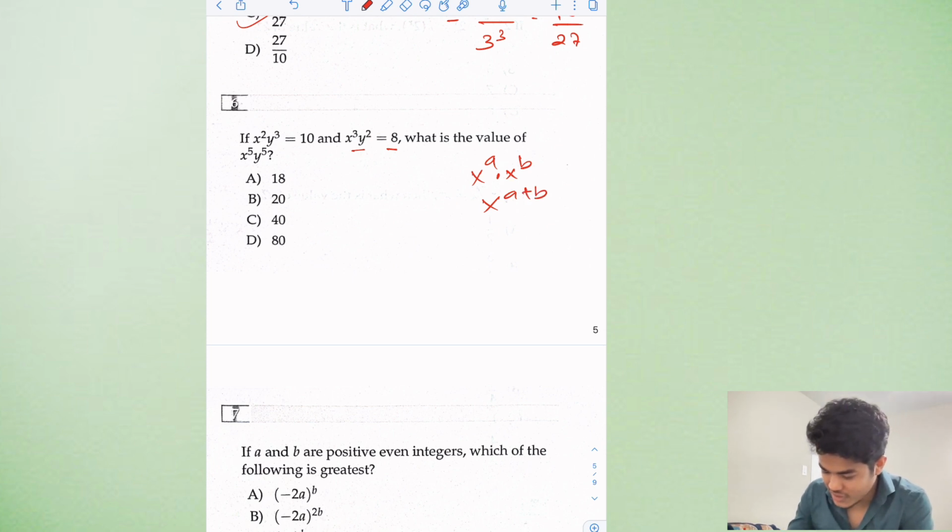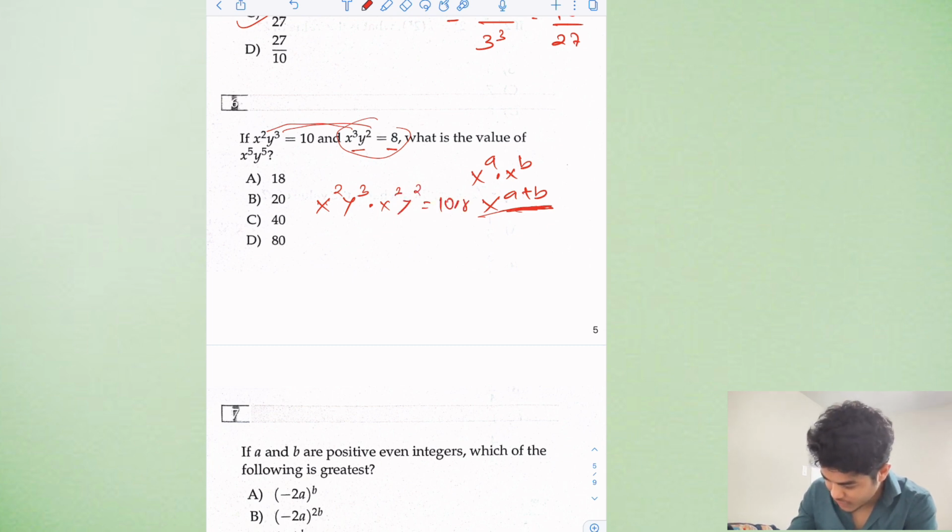As we can see here, the pattern is 3 plus 2 is 5, 3 plus 2 is 5. So we can use this concept to solve this problem. We just need to multiply these two equations: x cubed y squared and x squared y cubed, 10 multiplied by 8. So it's x raised to 5 y raised to 5 equals 80. So our final answer is D.